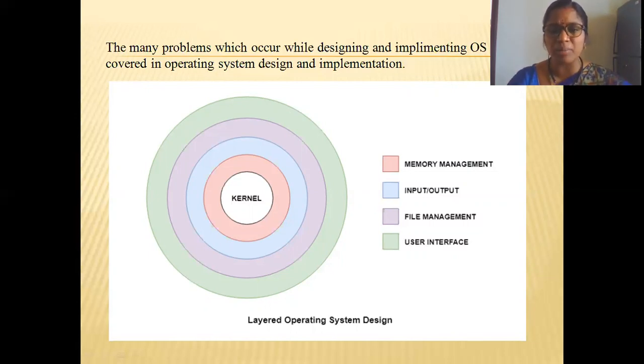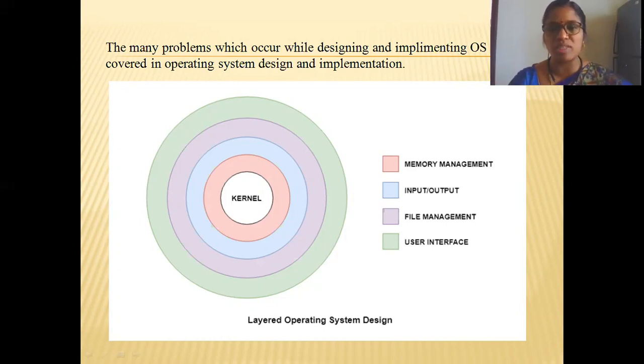So the design can be done like this. You can see here the kernel inside, followed by memory management. Everything is layered, that means they are all organized. Memory management, next input output, that means the devices connected, mechanical input output devices.